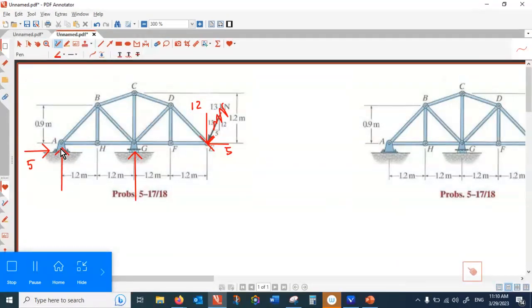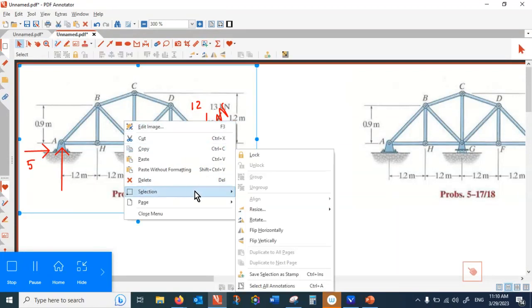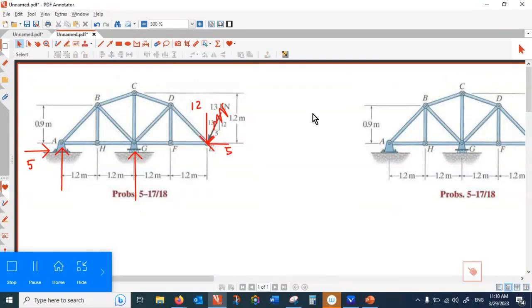I think that the direction of the force should be downward, right? Because now they are making a rotation. Otherwise you get a negative number for that. Just to avoid that negative number, let's reverse this direction.